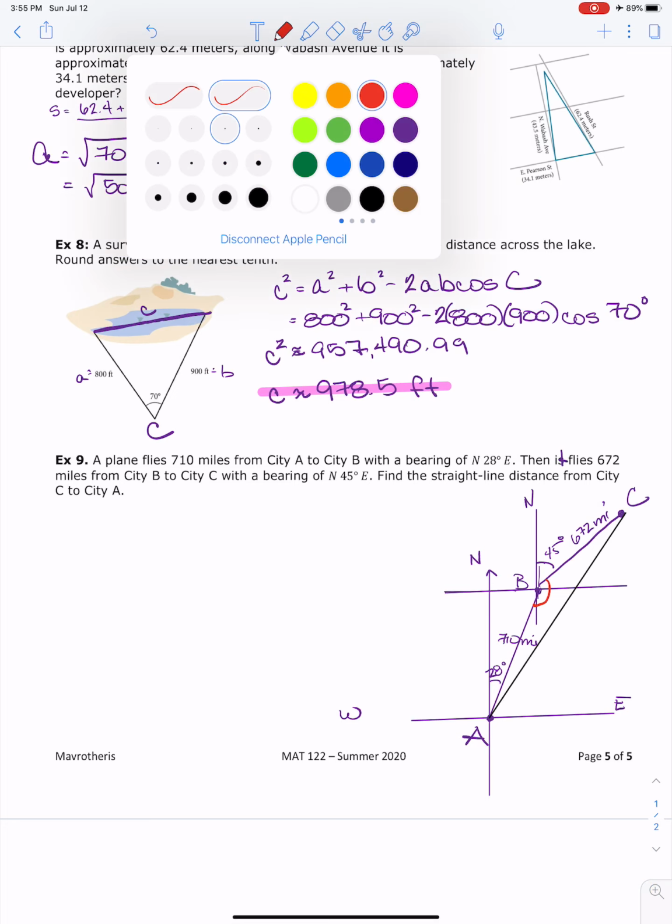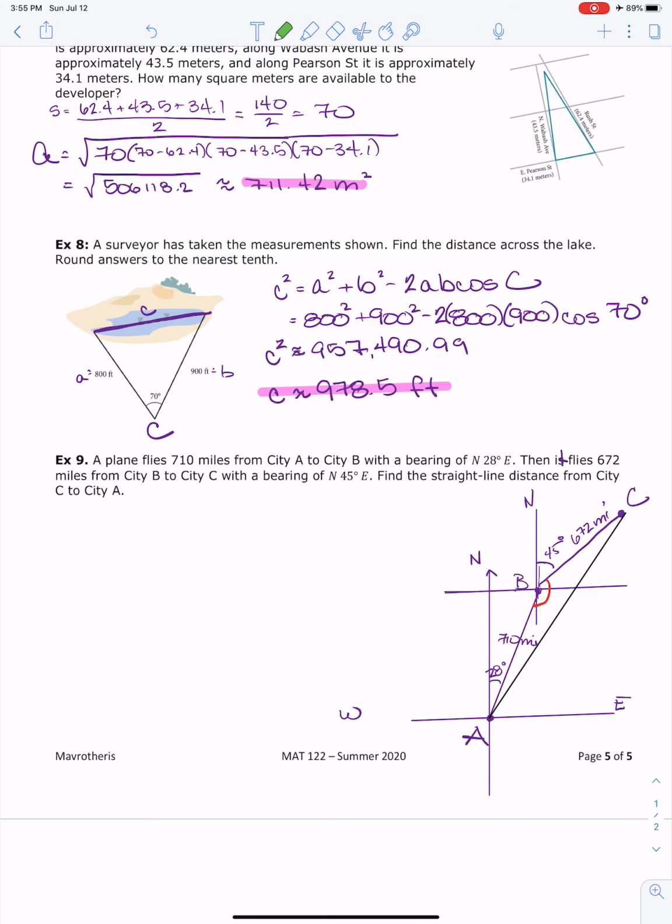So, how can we do this? Let's drop this right triangle. So if this is 28 degrees here, this is 90, that makes this 62, which makes this little bit in here 28 degrees as well.